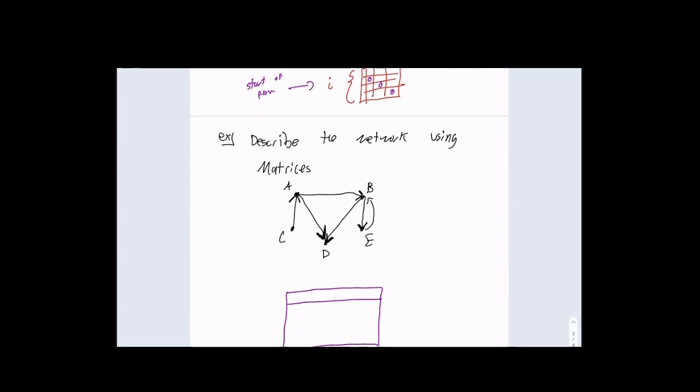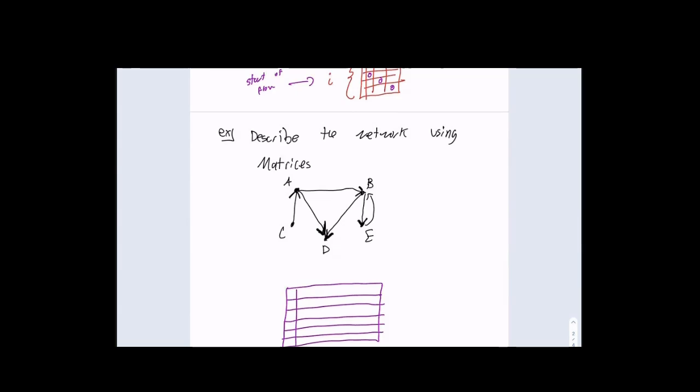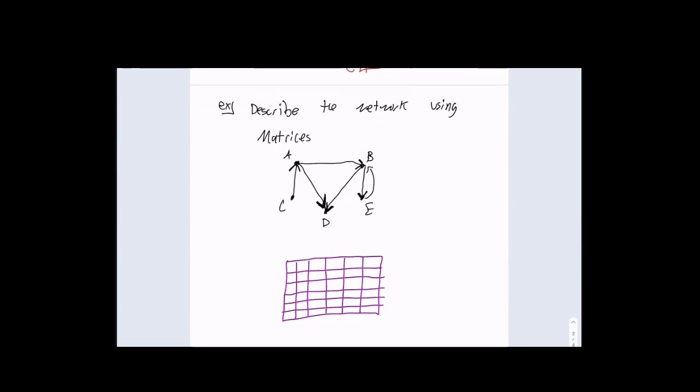There are 5 lines that I drew. Those are 6 boxes.